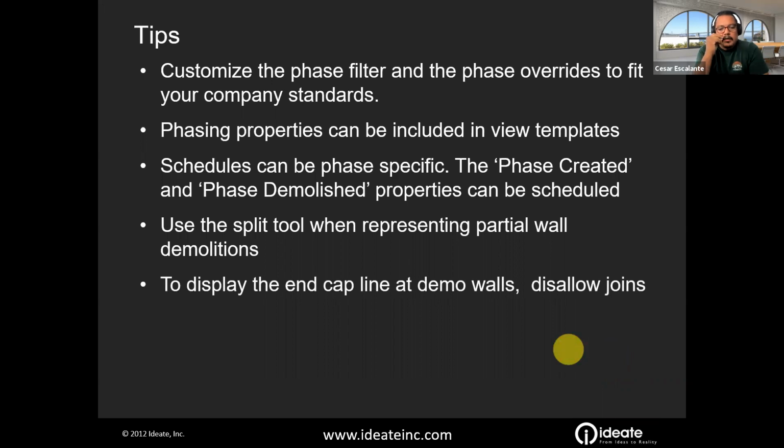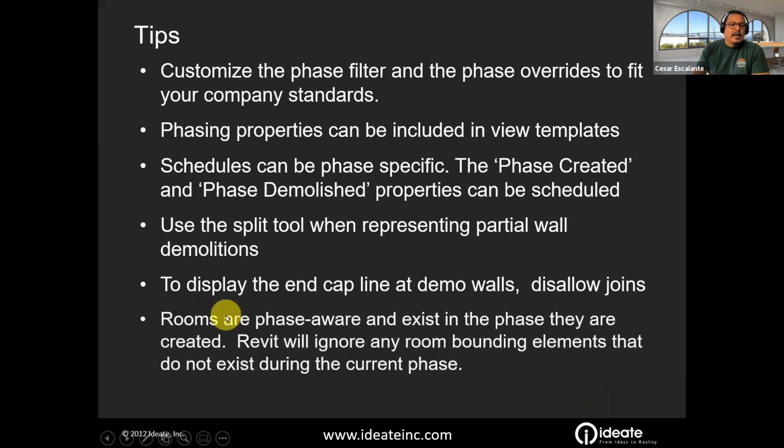To display the cap end of demo walls, you allow the joins. Let me show you in a second what that means. And I already said that rooms are phase aware. They won't travel between phases. Revit will ignore any room bounding elements that do not exist in the current phase. So rooms unfortunately need to be recreated in every phase.